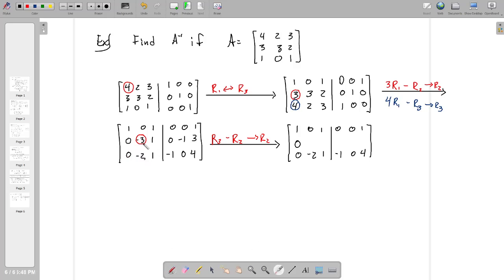Negative 2 minus negative 3 is a positive 1. And that's exactly what we wanted. That's how we got this. 1 minus 1 is 0. Negative 1 minus 0 is negative 1. 0 minus negative 1 is a positive 1. And 4 minus 3 is 1.